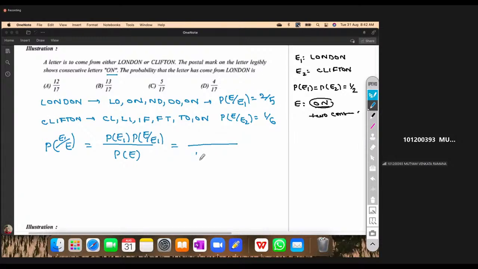The chance of going to E1 is 1 by 2, then 2 out of 5, or go to E2, 1 by 2 and 1 by 6. Favorable case 1 by 2 into 2 by 5. The 2s cancel. Here LCM is 12 plus 5, and here 2 into 6. So 18.